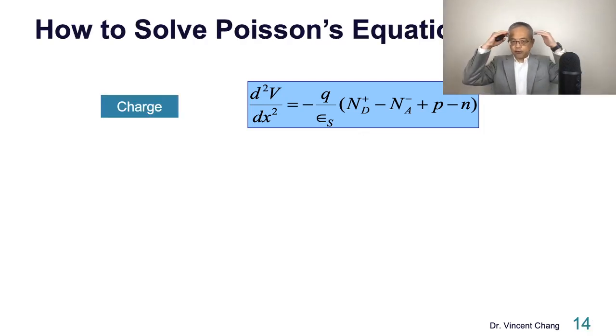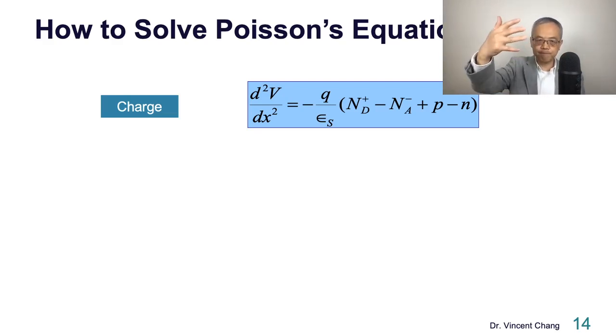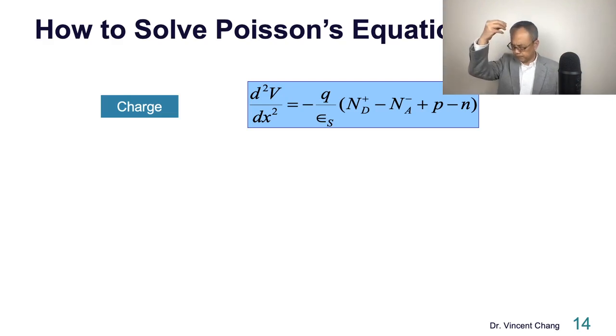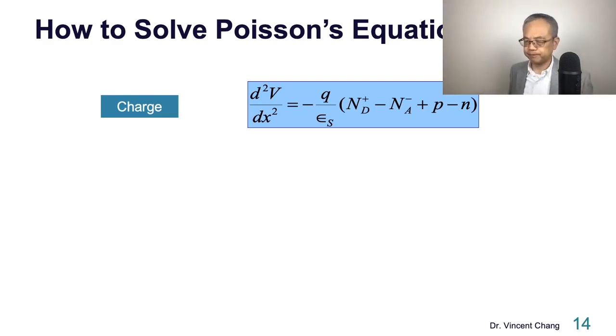So how to solve a Poisson's equation? This is the central point of this lecture, okay? Make sure you get this. Starting, if given the charge distribution.